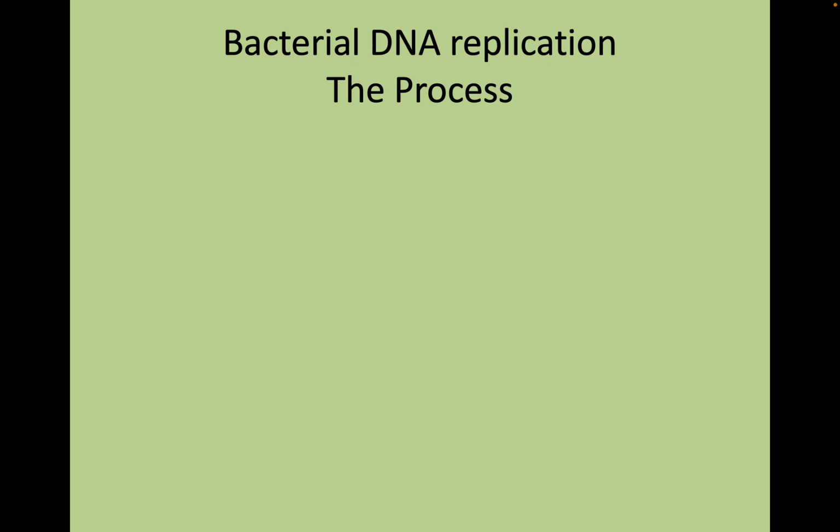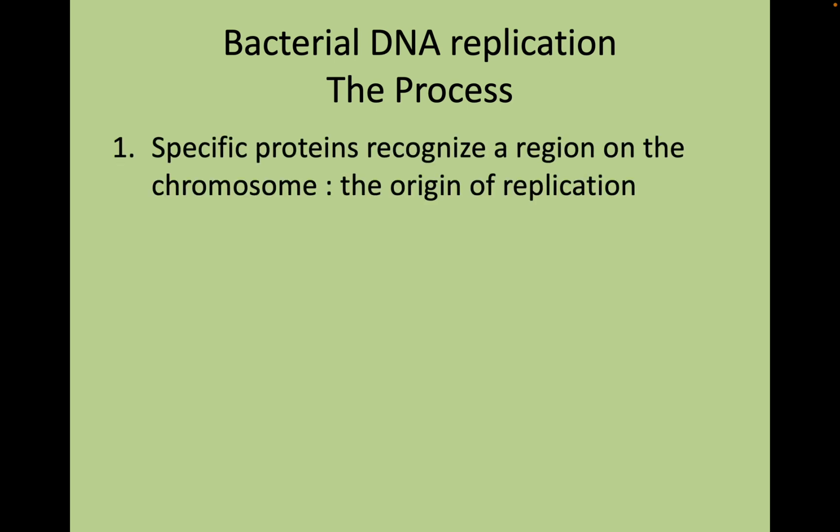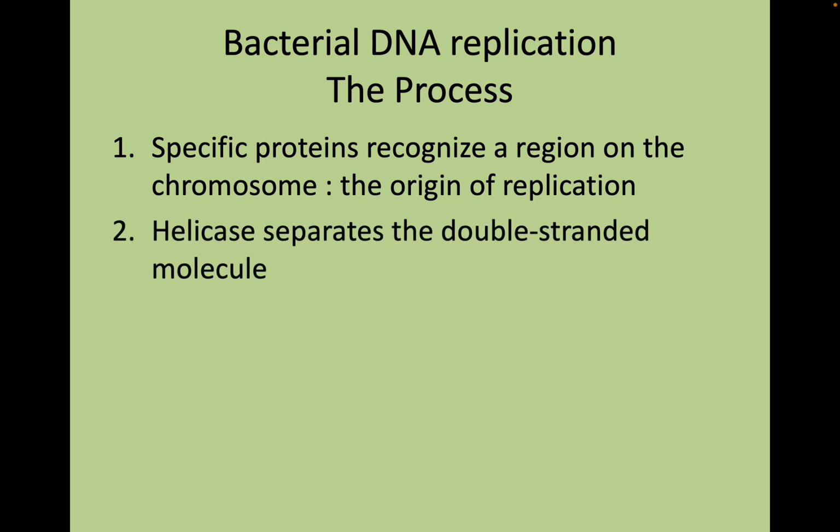Bacterial replication, the process. So specific proteins recognize a region on the chromosome, and that region is called the origin of replication. Helicase, another enzyme, right, ASE, helicase separates the double-stranded molecule. So helicase pulls apart the helix.